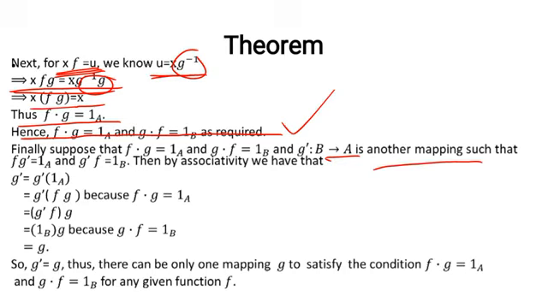Okay, so we want to show that we'll get the same answer. By associativity, I have that G prime is the same as G prime times 1. Remember, 1 times anything gives me back the thing itself. But we know what 1A is.